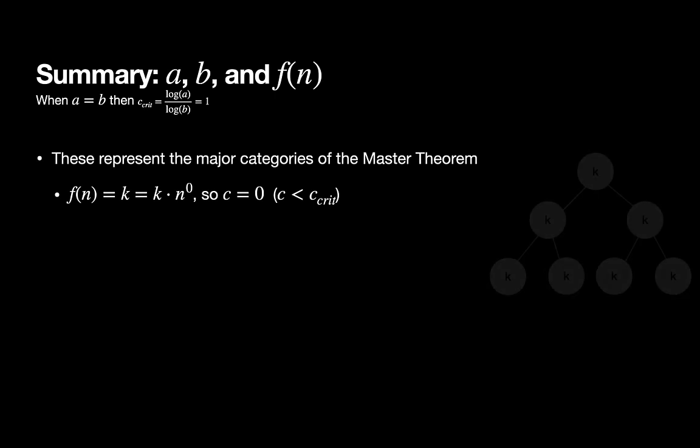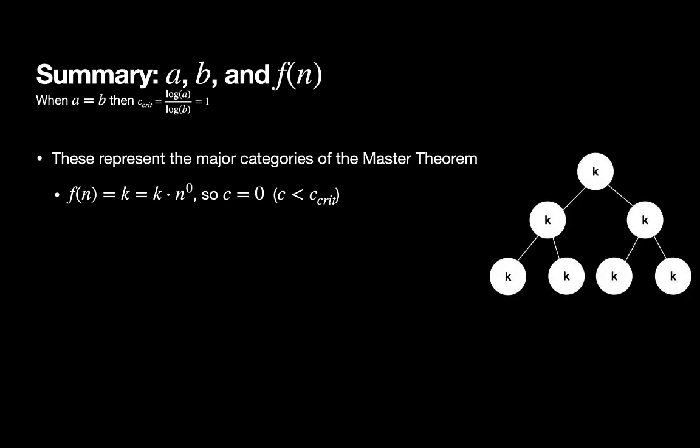Okay, so this kind of corresponds to the case where our f of n function is small in comparison to the critical factor. The work we have is actually kind of going through and doing this entire tree. The total amount of work is proportional to the number of nodes in the tree.